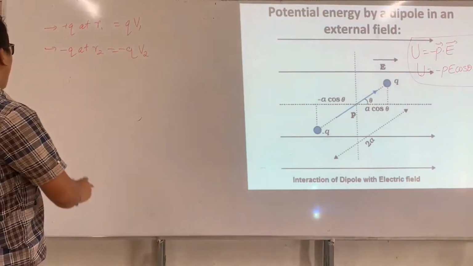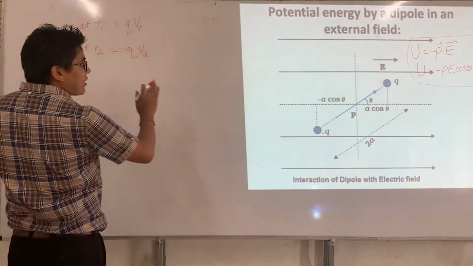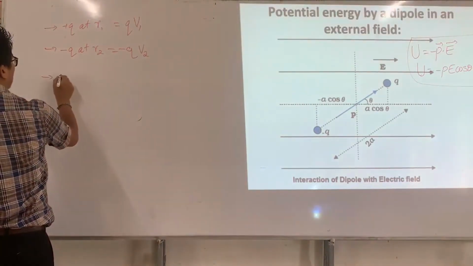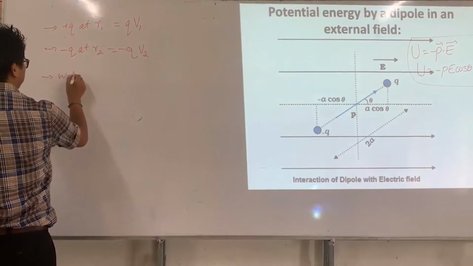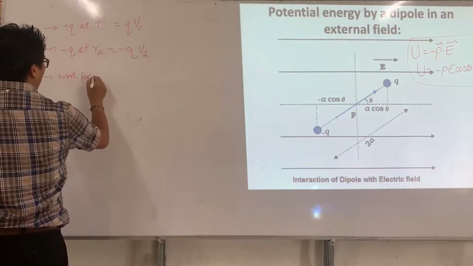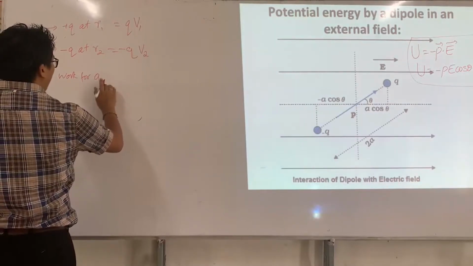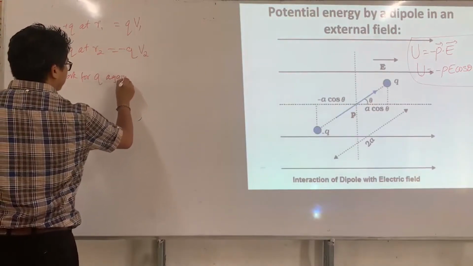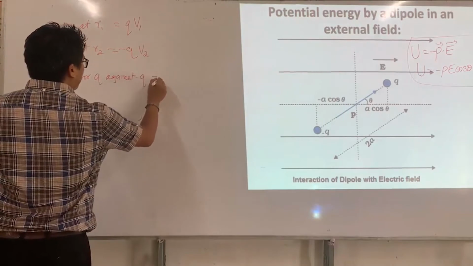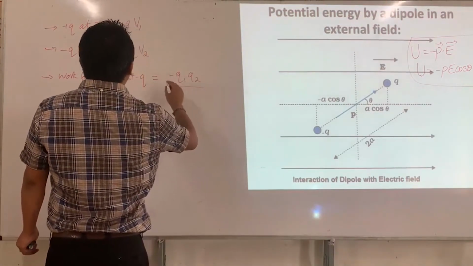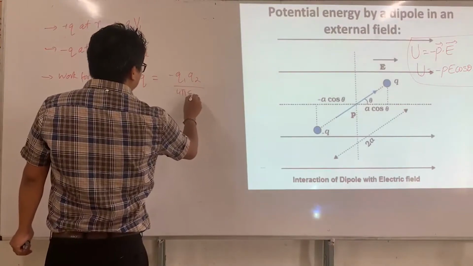And then the interaction between Q1 and Q2: the work for Q1 against minus Q is going to be minus Q1 Q2 divided by 4 pi epsilon naught 2a.